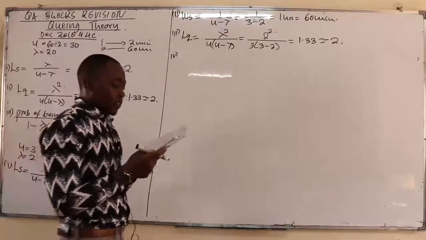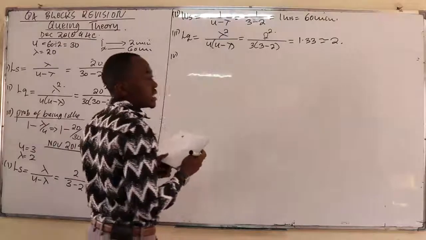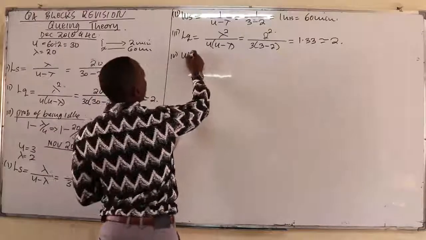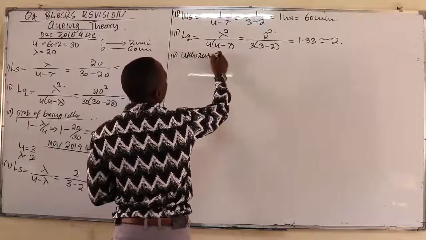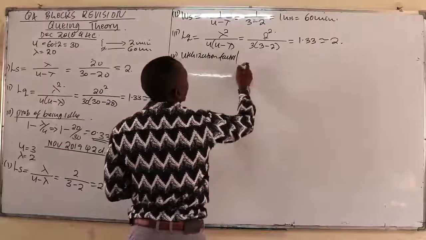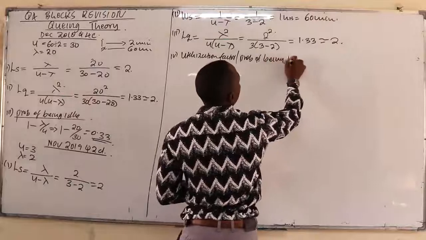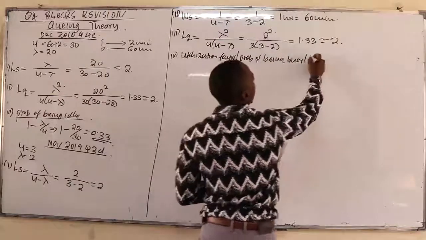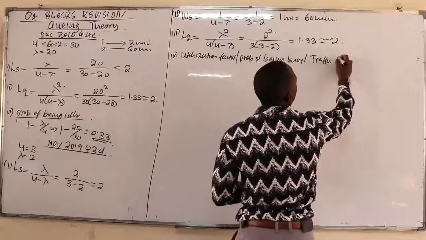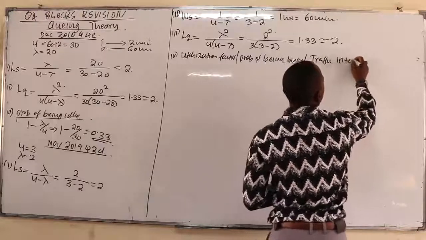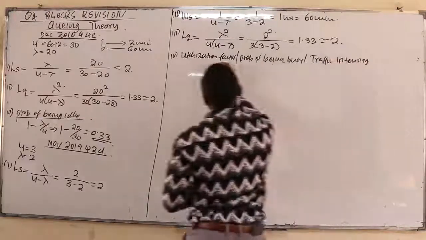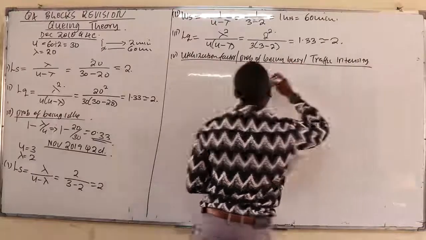Number 4, the utilization factor of the service facility. We say that the utilization factor is also what we call the probability of being busy. It's also known as the traffic intensity. It's the same as the traffic intensity or the probability of being busy.